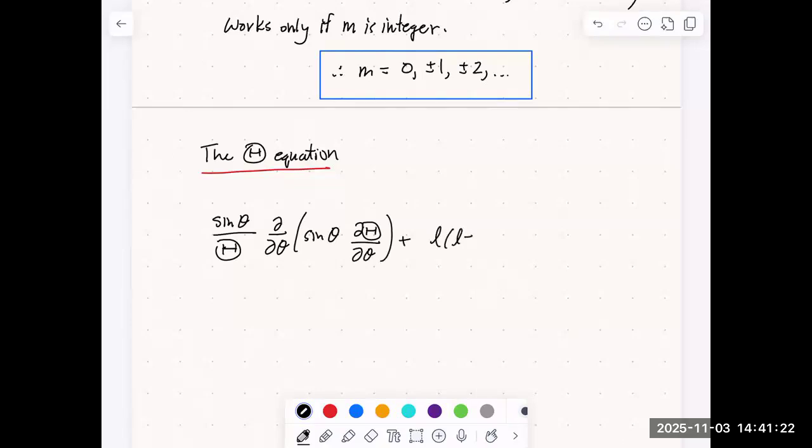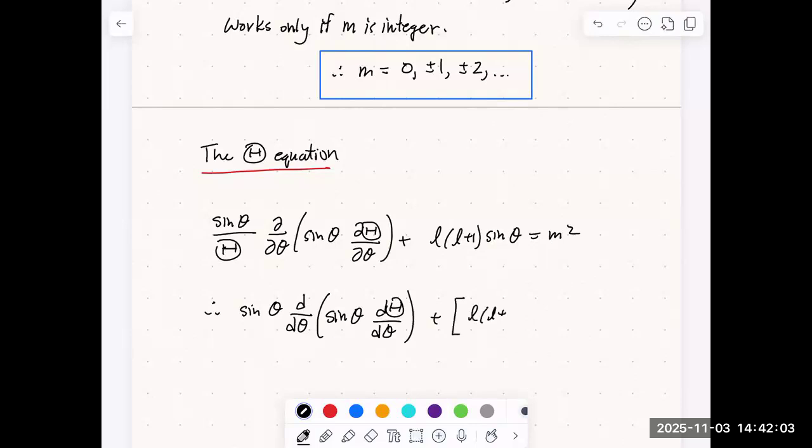So I'm just writing the theta equation out again. I'm going to multiply by the big theta, to get it out of the denominator. So the first term, in fact, I don't have to write partial derivatives anymore. This is an ordinary differential equation. So there's the first term. Then I'm going to subtract off the m squared, so we get a plus.